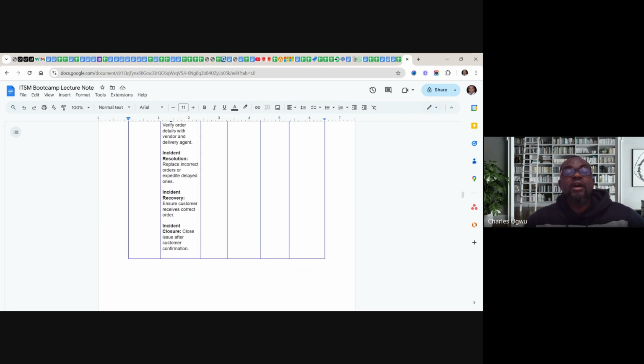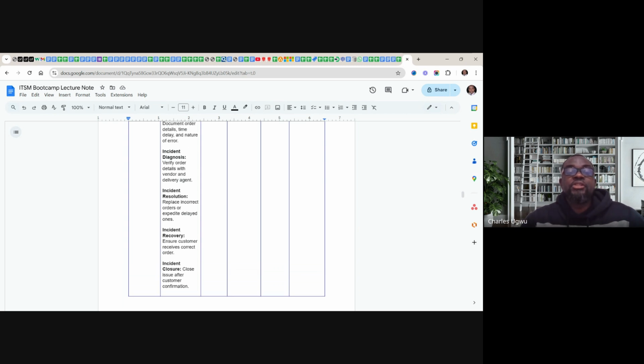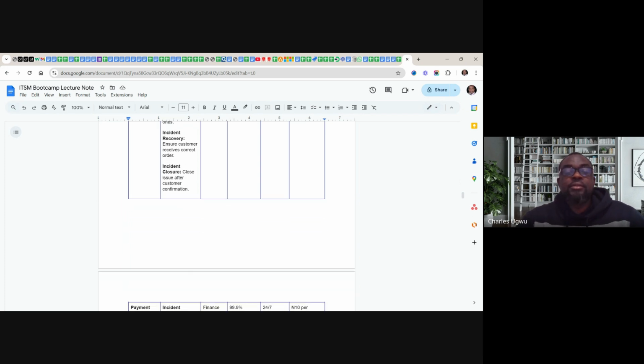If we find out after incident diagnosis that we cannot resolve it, then it will be categorized as a major incident, and it will take another path by escalating to higher authority, who will take a decision on what happens to that particular incident. But for now, let's just follow this and continue.